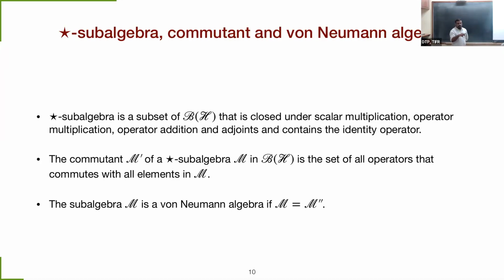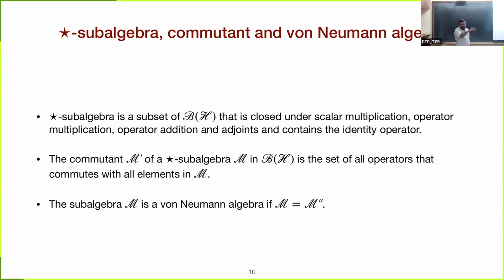On top of that, when you consider the adjoint of an operator that belongs to the subalgebra, the adjoint must also be in the subalgebra. That is the additional condition. Such a subalgebra is called a star subalgebra, and star refers to this dagger operation. So all the adjoints of the operators are within this subalgebra.